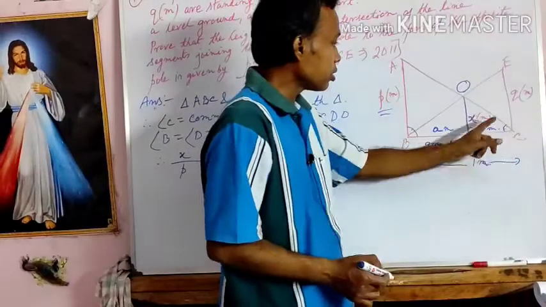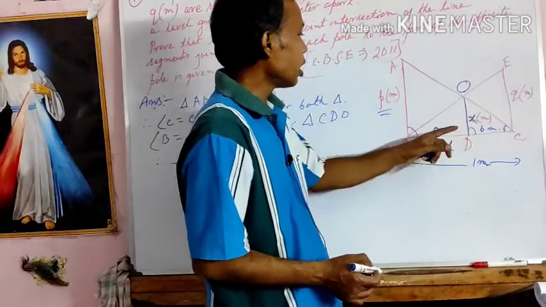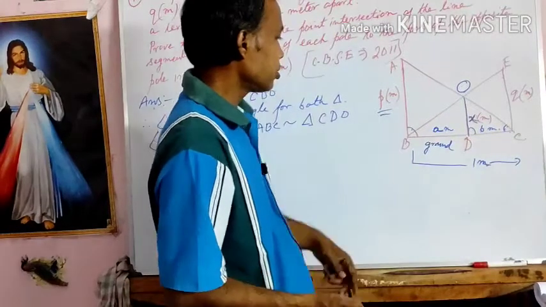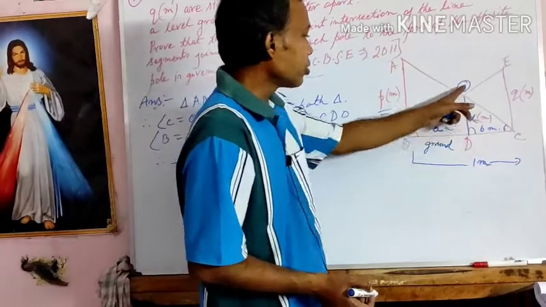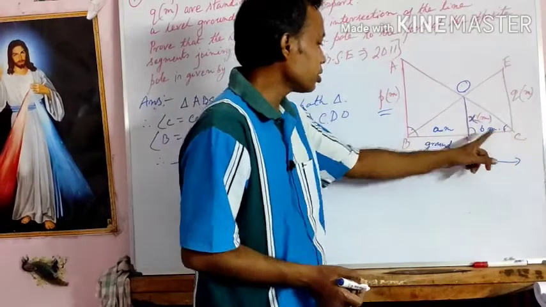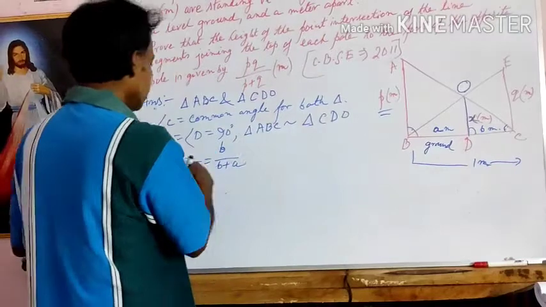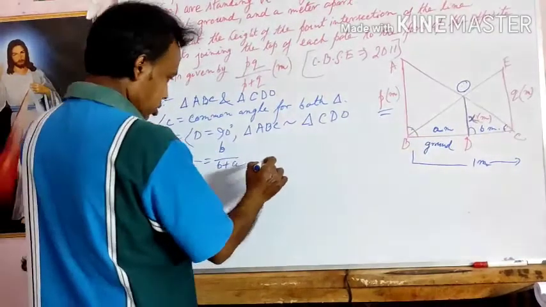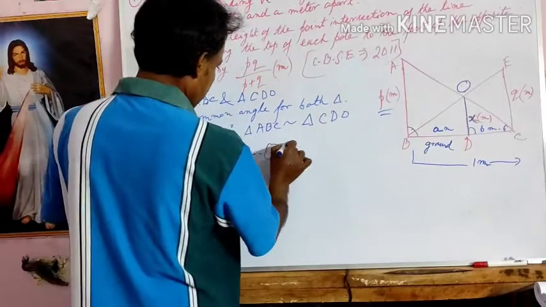Here CDO and CAB are similar triangles. Therefore, OD by AB is equal to CD by CB. Here CD by CB. This is our equation, suppose 1.